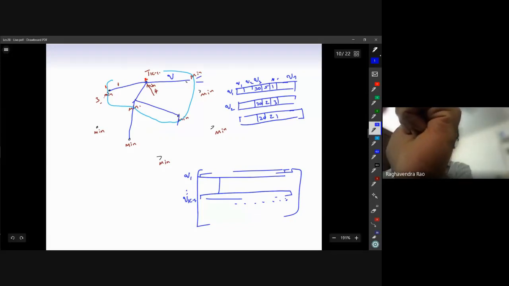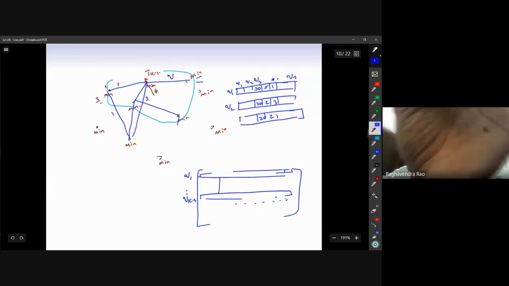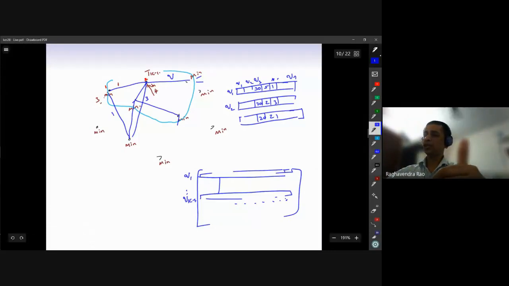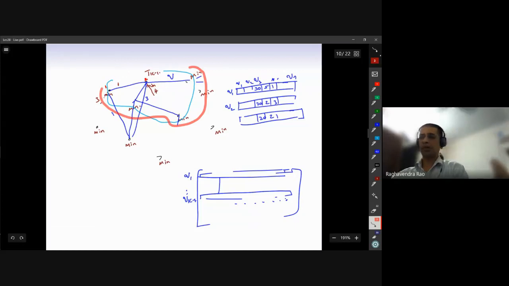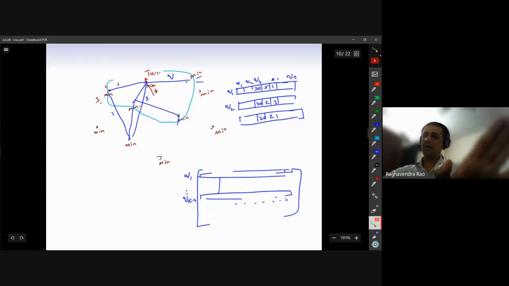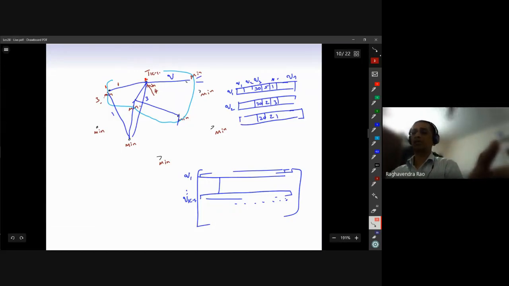From V1 to, let's say, V5 there was a weight of 1 here and a weight of 3 there, then I'll not keep the edge 3. I'll just throw it away. I'll just keep edge 1. That way I can ensure that I'm having at most n minus 1 edges out of this tree.